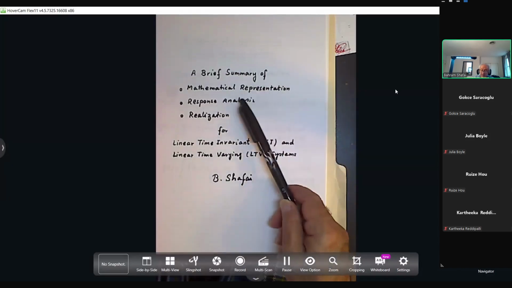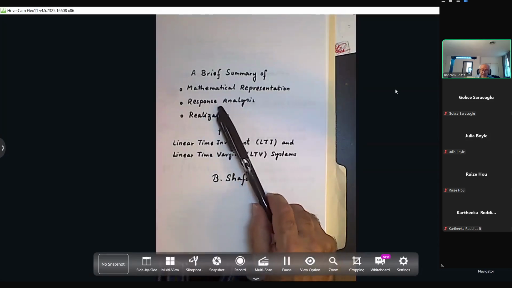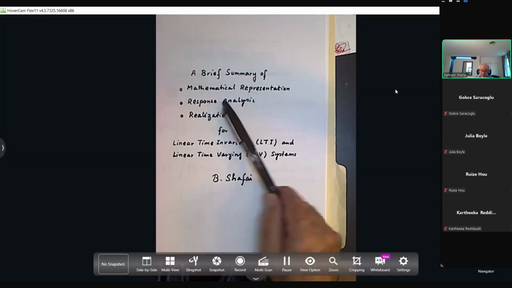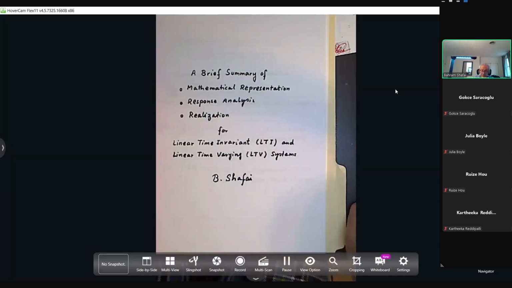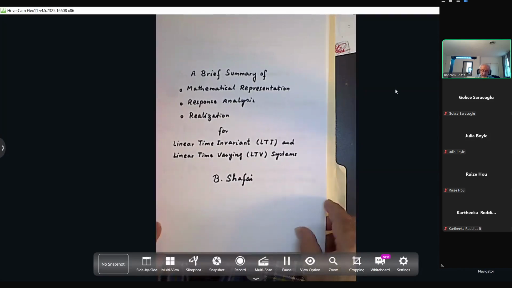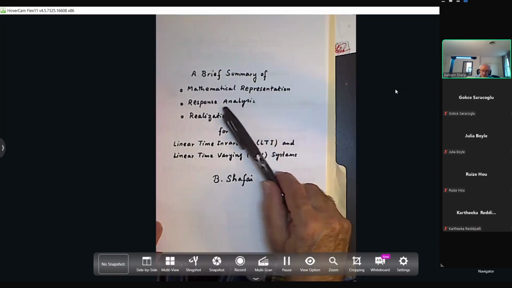Then we started with the textbook that you have, with chapter 3, which is mathematical representation of the system, modeling, mathematical description of the system. I'm starting from there, chapter 3. Then I go back to chapter 2.